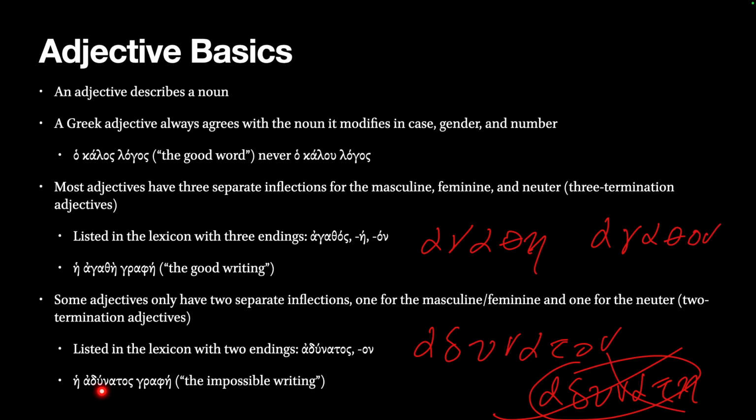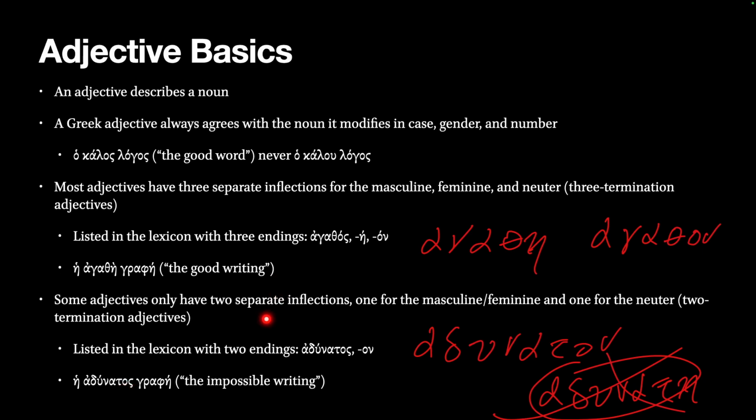We know it's feminine for two reasons. The most obvious one is because it has hē before it. Hē is telling us the information about both adunatos and graphē. Feminine nominative singular.